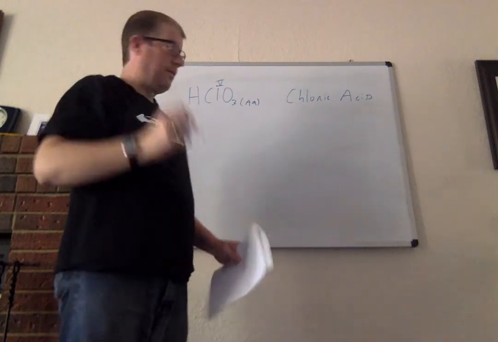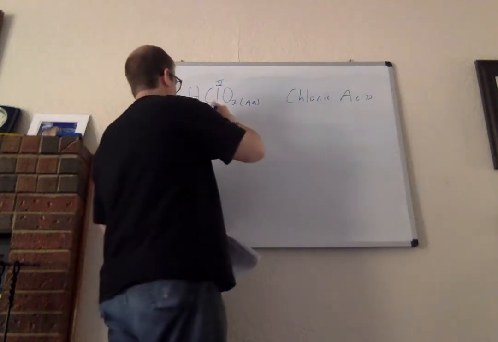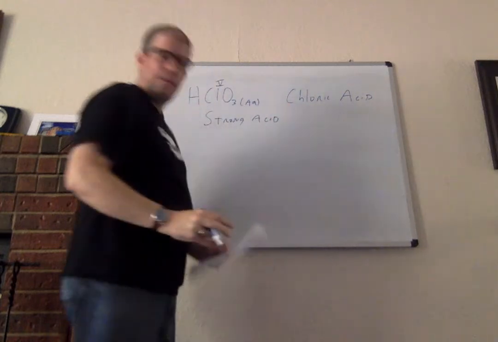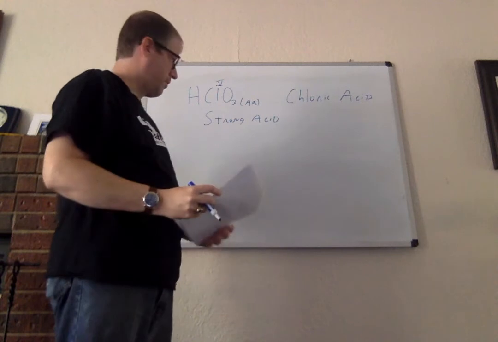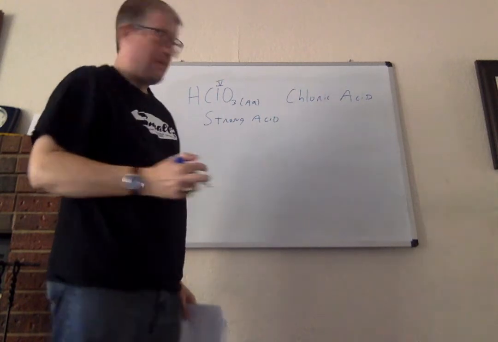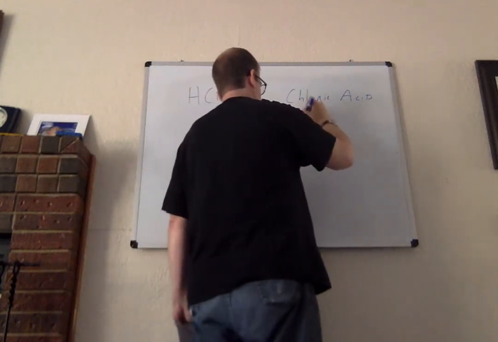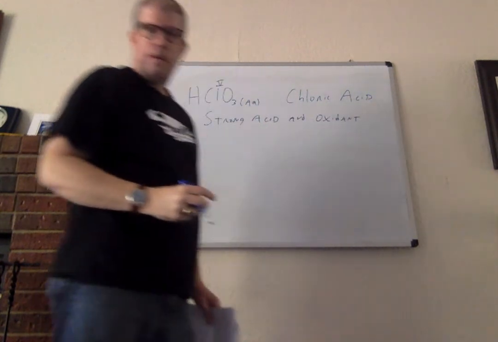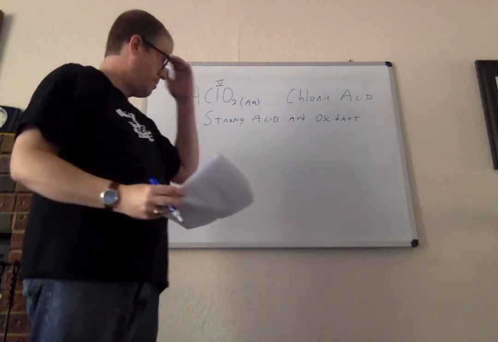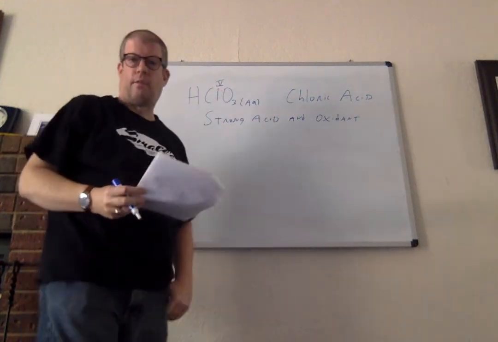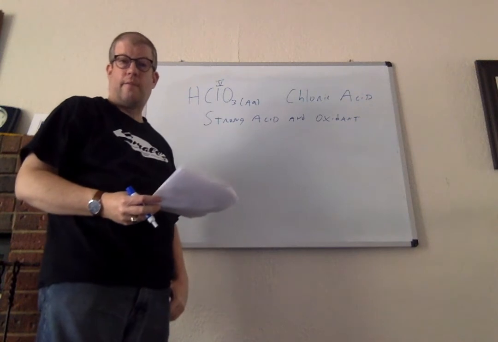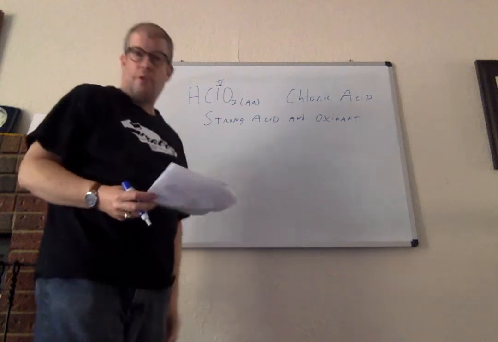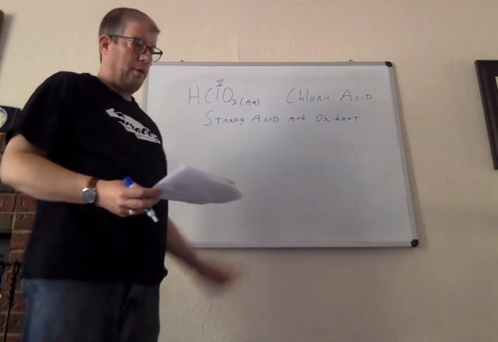So not only is this an acid, it's a strong acid, and you'll see again the Lewis structure for this. It's also an oxidant. Now, the reason for that second attribute is that formal oxidation state of chlorine. It really does not like to have +5 oxidation state because it's an electronegative element, and so it will give up one or two of those oxygens in reactions as well as being an acid.